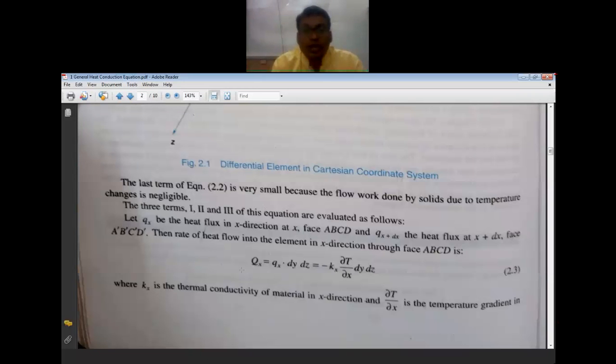So capital Qx, in watts, is equal to minus kx dT upon dx into dy into dz. This is the temperature gradient in the x direction, dT by dx, the change in temperature in the x direction.